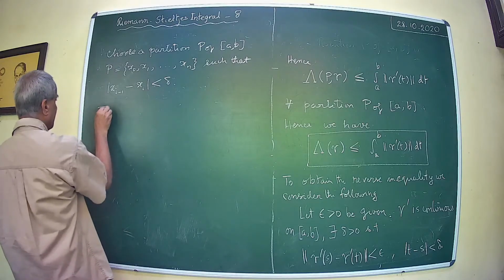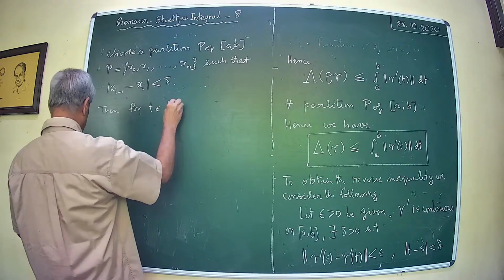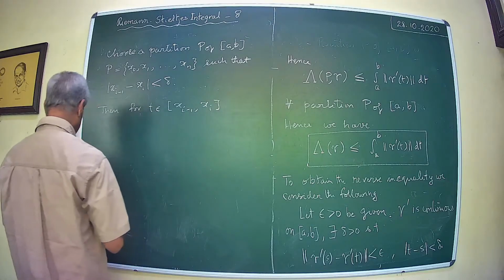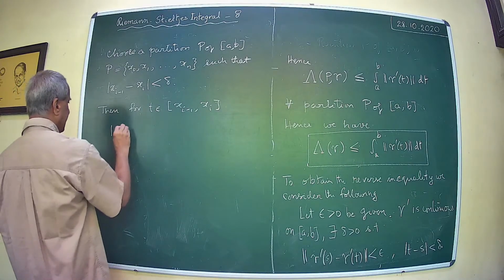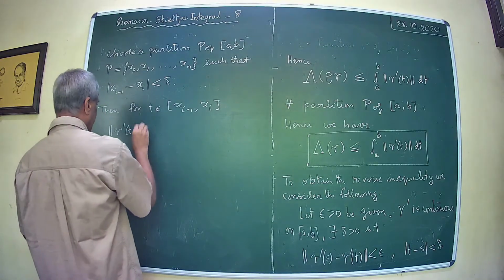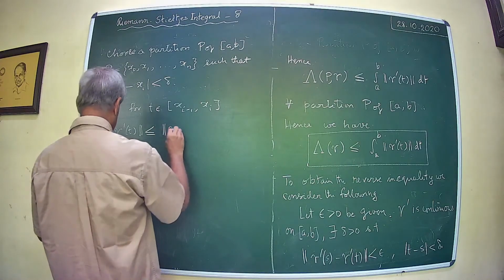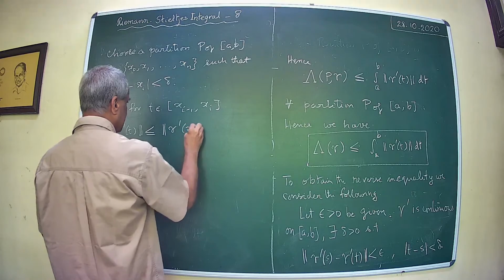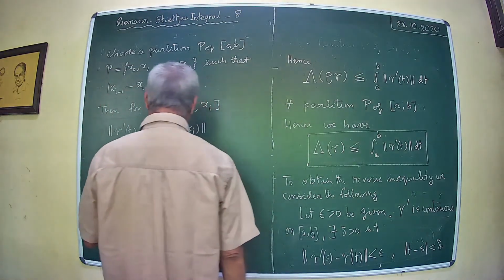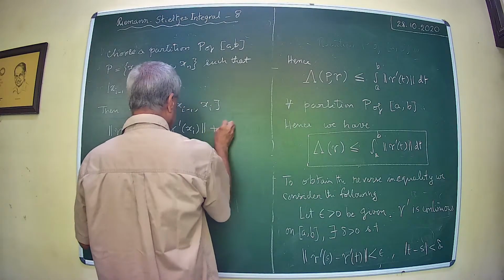Then for P belonging to the partition and for any i, this is what you have: the norm of gamma prime t is less than or equal to the norm of gamma prime at xi plus epsilon.